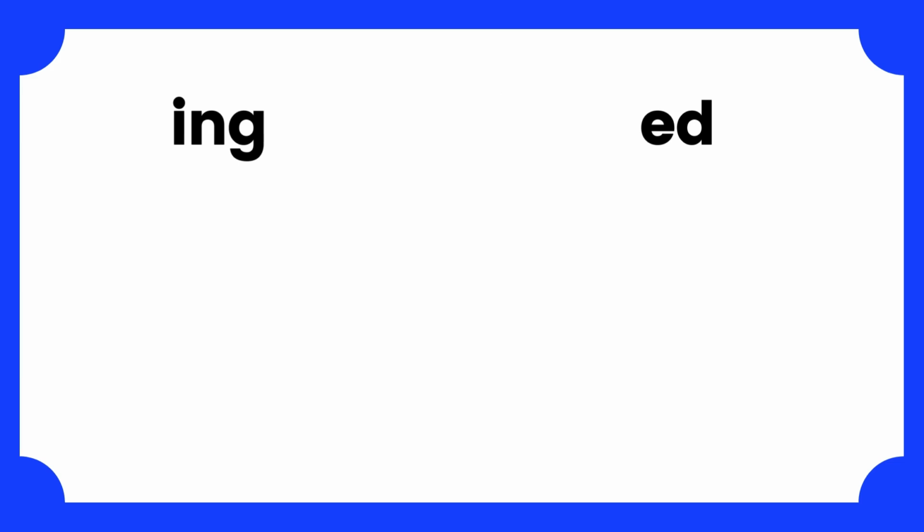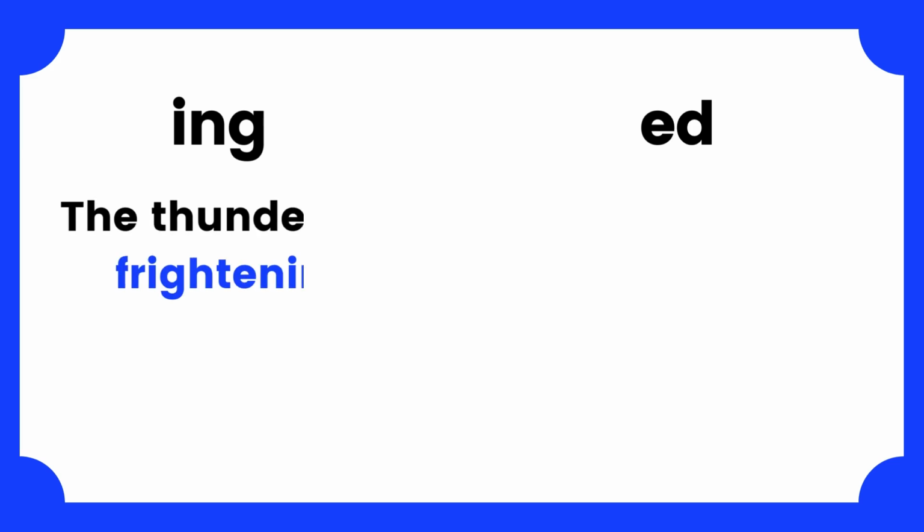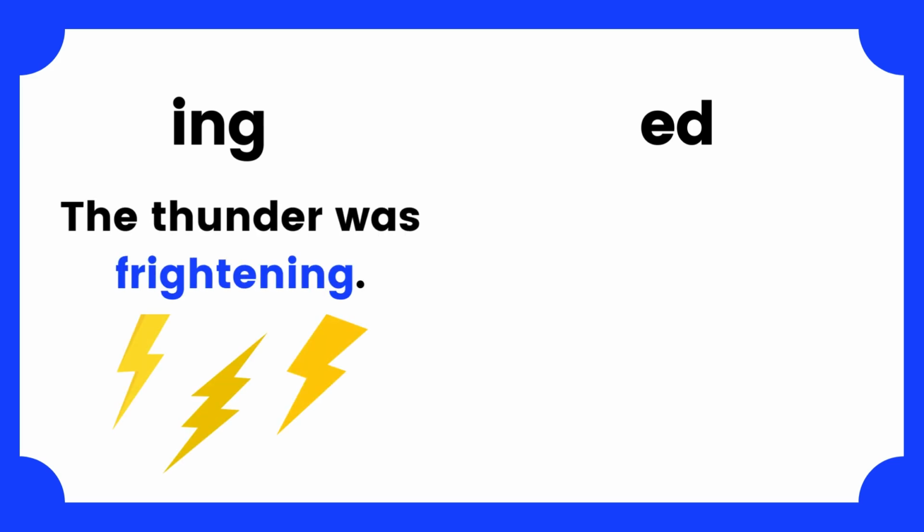We use an ing ending to describe the effect something has, and an ed ending to describe how the noun is affected. For example, the thunder was frightening. We use an ing ending here because the thunder had the effect of being frightening.